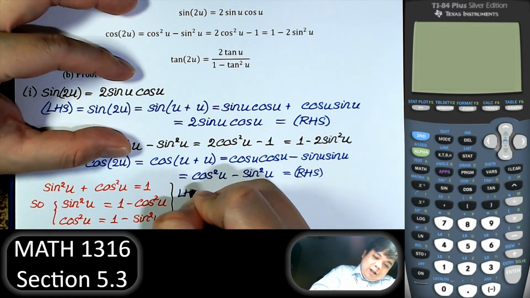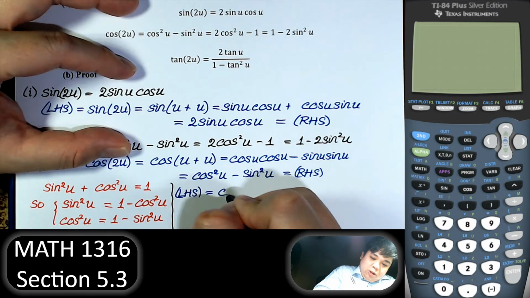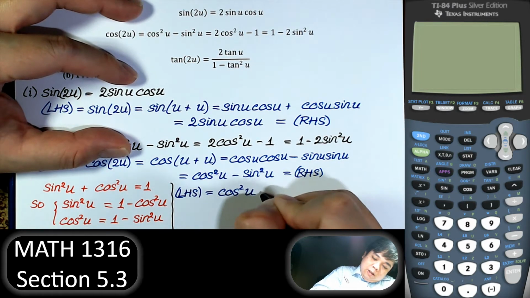So the left hand side is equal to cosine square minus sine square.